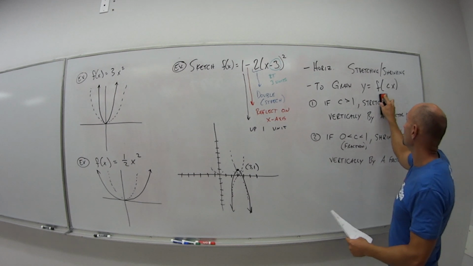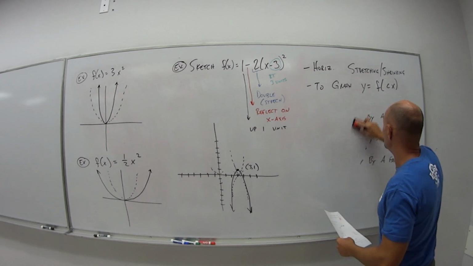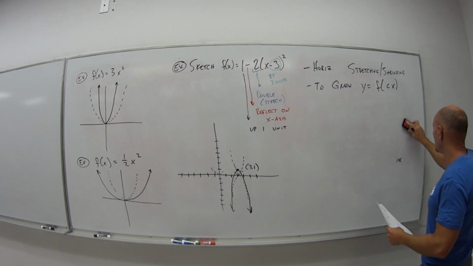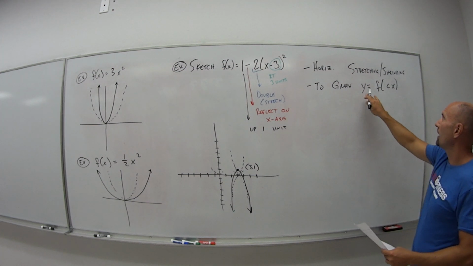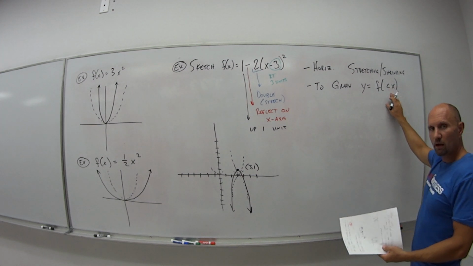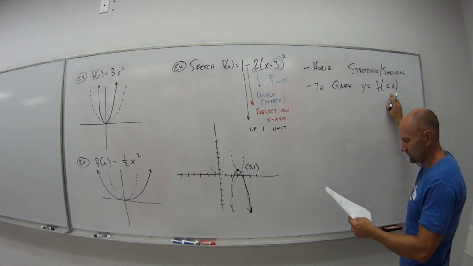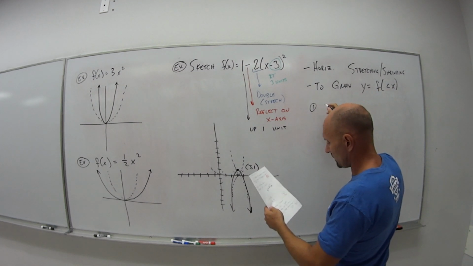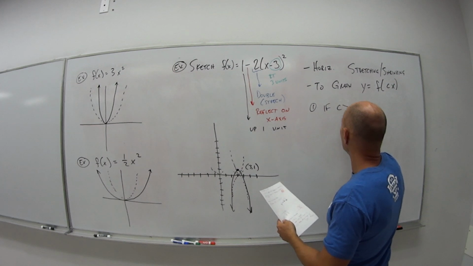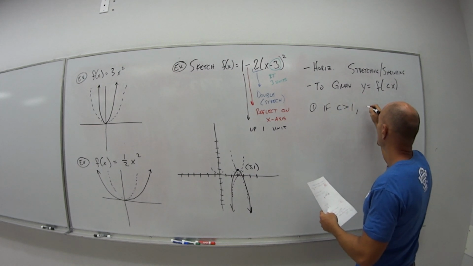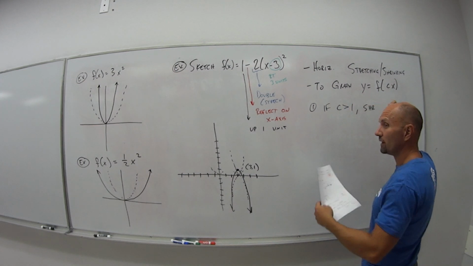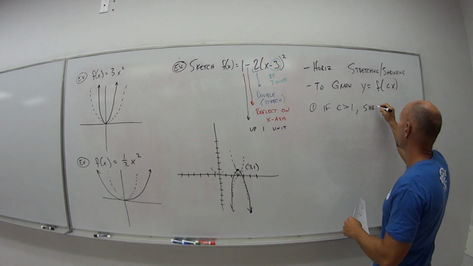So actually, let me erase this because there's a few changes, so I might as well rewrite it so we get them all straight. So to graph y is equal to f of some constant times x, we have the following. If c is greater than 1, we shrink. So again, it's inside, so it's opposite of what happens.